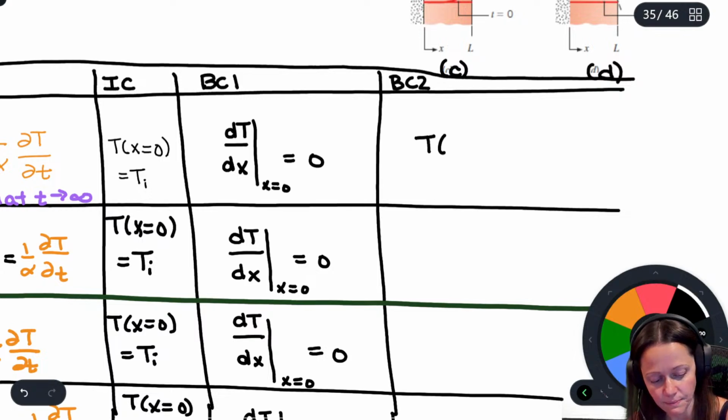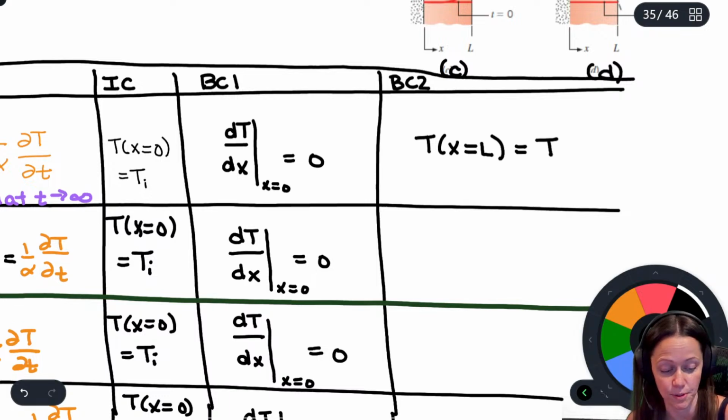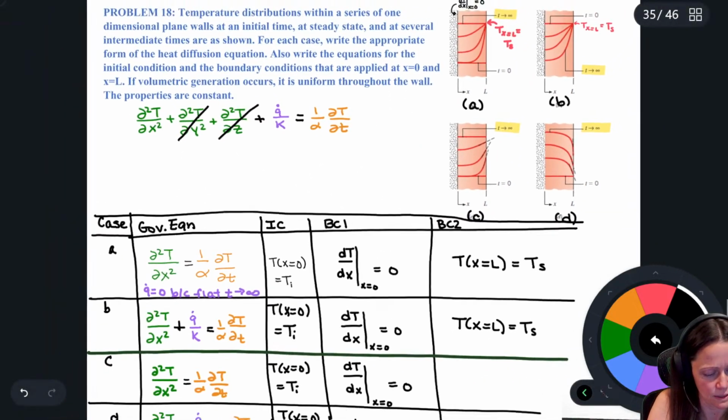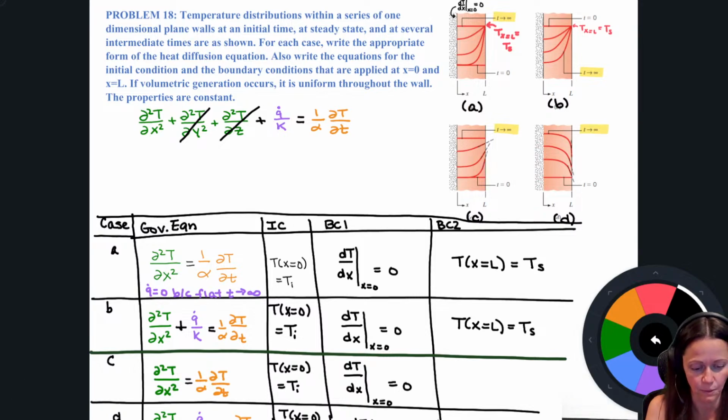So T at x equals L is equal to some constant temperature. We'll call it T_S. T at x equals L equal to some constant T_S. So if I've screwed you up and you need me to talk through that again, please let me know.